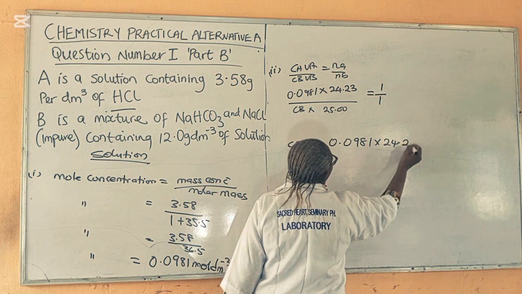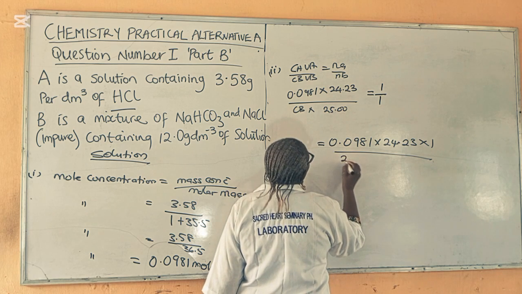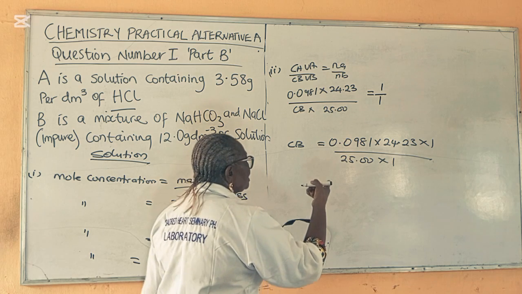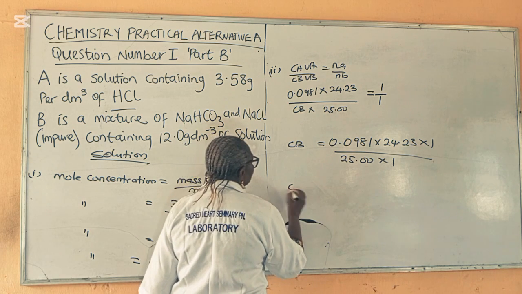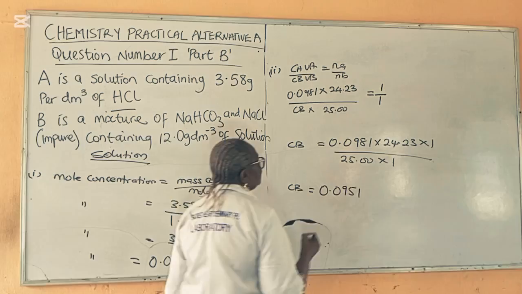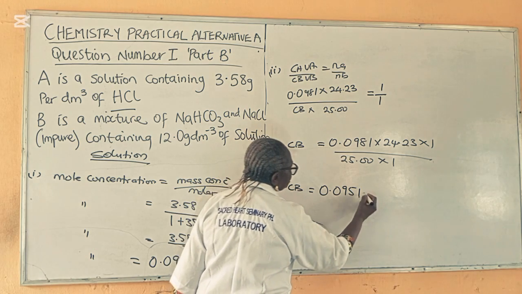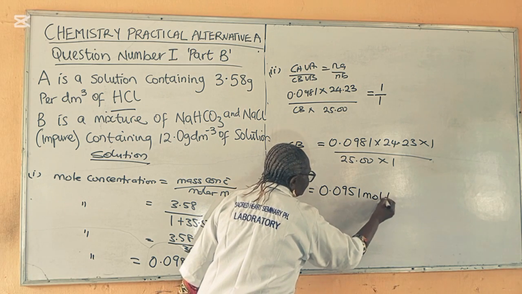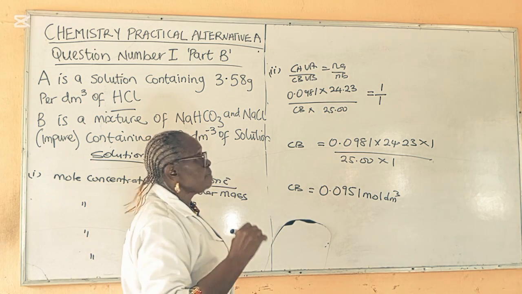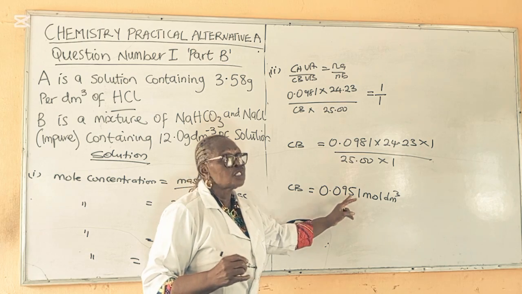Step by step, times 1 all over 25.00 times 1. Then finally, you evaluate. The final evaluation is 0.0951 mole per dm³.